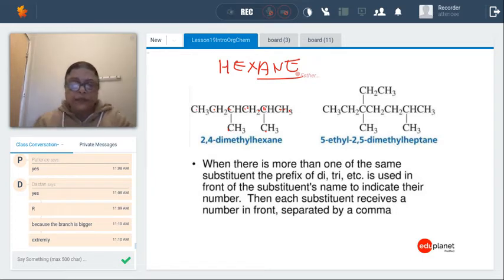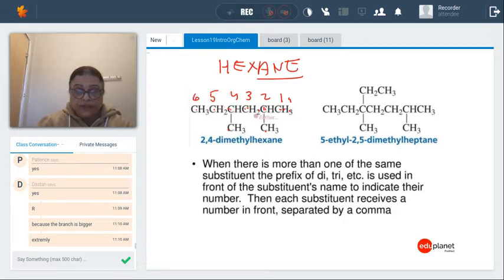Goody. Now, how do we count? Left to right or right to left? Let's see. 1, 2, 3, 4, 5, 6. If I count this way, from right to left, this methyl will get number 2. If I count the other way, the methyl will get number 3.